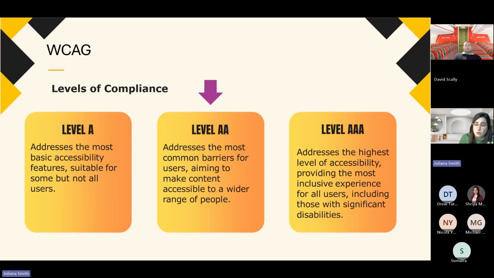Level AA is the most commonly legally mandated because it addresses a wide range of accessibility challenges as well. It's practical to implement. So in the UK and in the US, when you look into what is required, it is level AA.